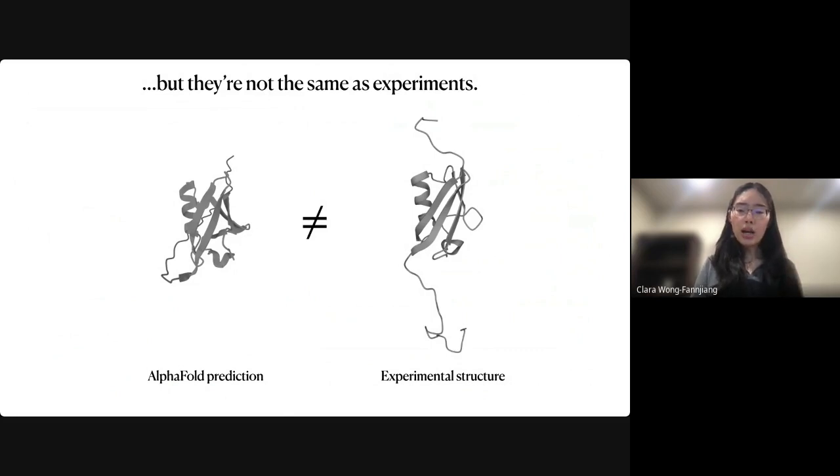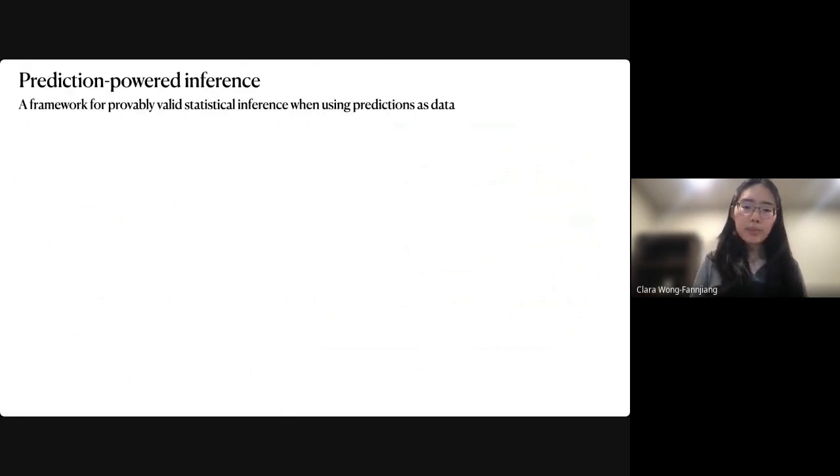So if I draw a scientific conclusion based on looking at a bunch of AlphaFold predicted structures, if I don't do experimental validation, how do I know that those conclusions wouldn't have been slightly different if I'd been looking at high-quality experimental structures instead? So prediction-powered inference is a new statistical framework we propose for doing provably valid statistical inference when using predictions as data.